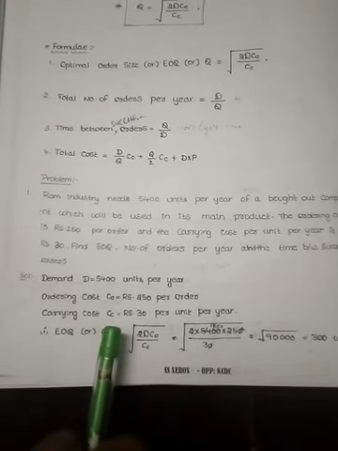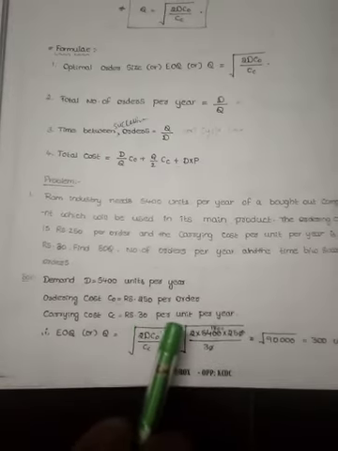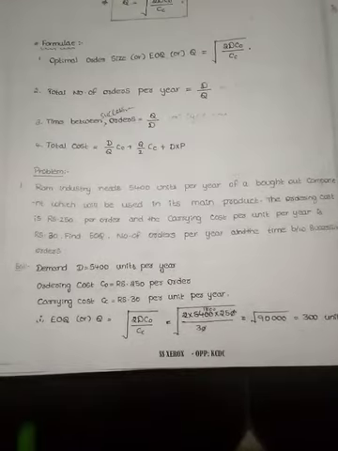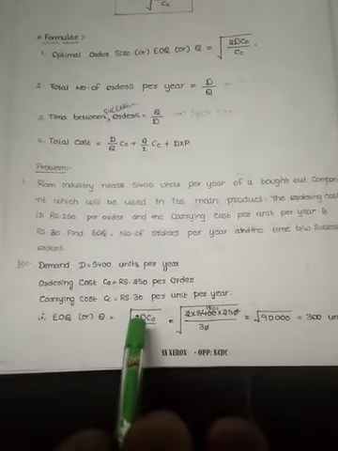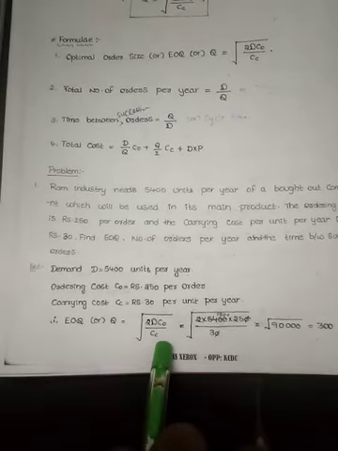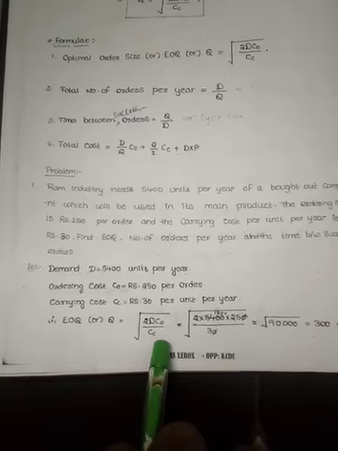Carrying cost Cc is equal to 30 rupees per unit per year. The formula for optimal size EOQ is Q is equal to root of 2D C naught by Cc.